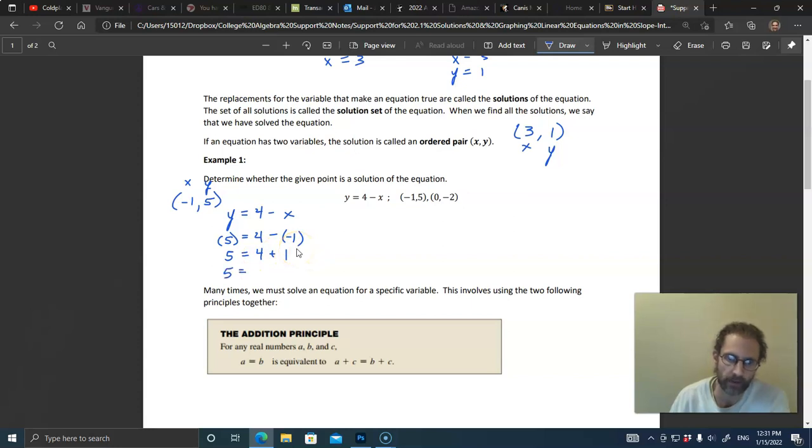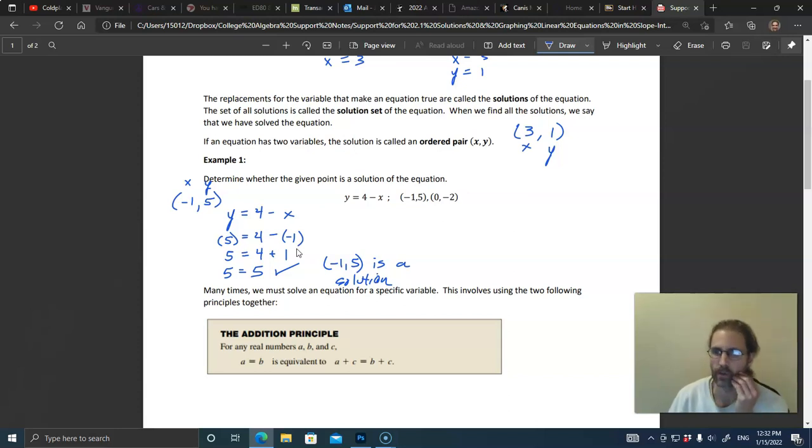So we had 5 on the left side and we've got 5 on the right-hand side. And this is a true statement. So I'm going to put a check mark there. So what that means is that first ordered pair, -1, 5, is a solution. You can always check to see if something is a solution, guys, by plugging it into the equation.